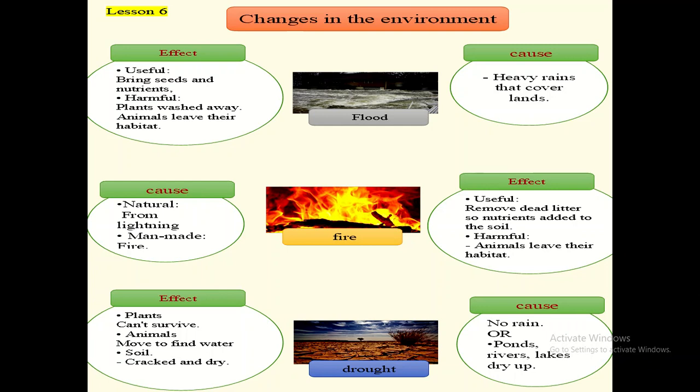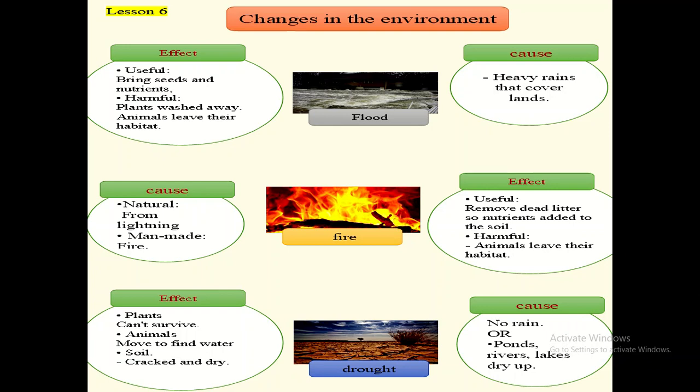The effect of fire is useful and harmful as well. Useful, remove the dead litter, so nutrients added to the soil. Harmful, animals leave their habitats. Okay. Number 3, drought. The effect of drought.